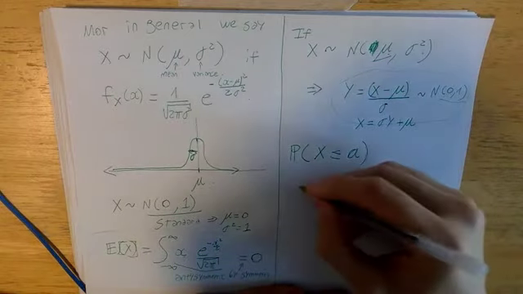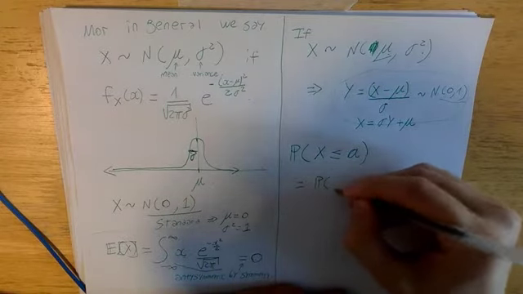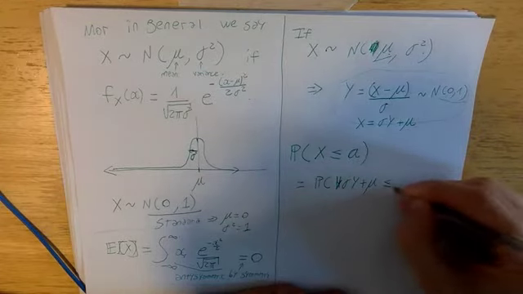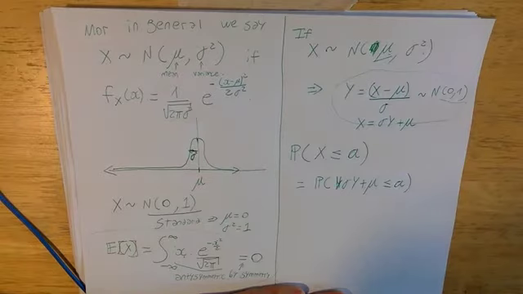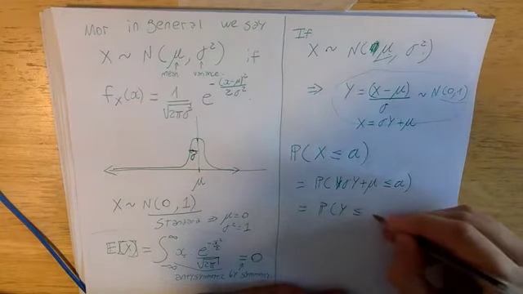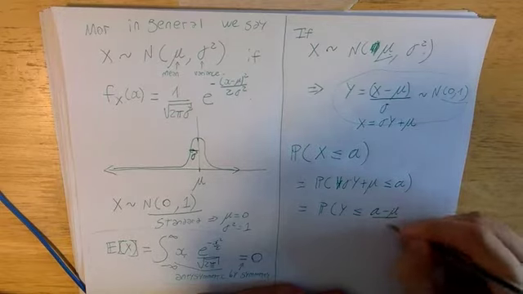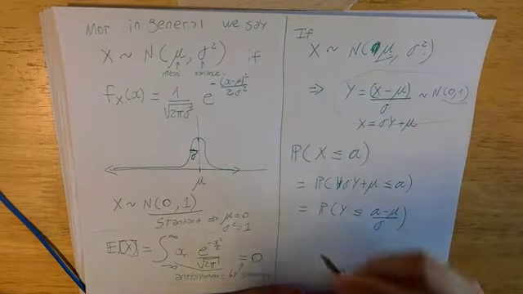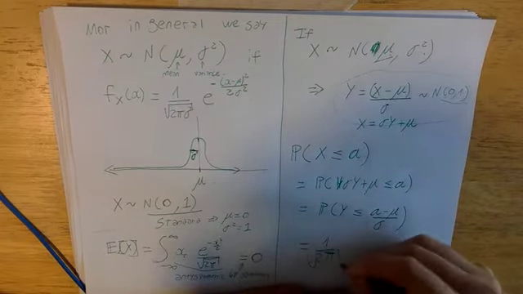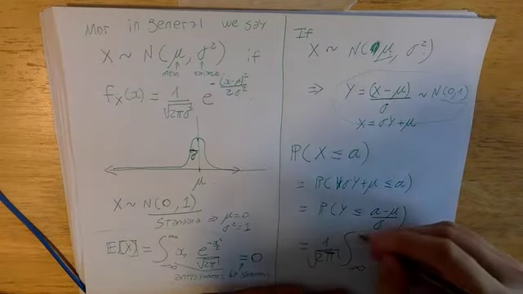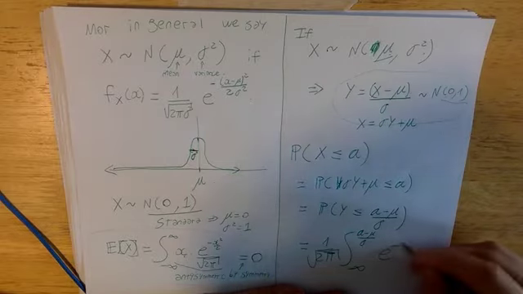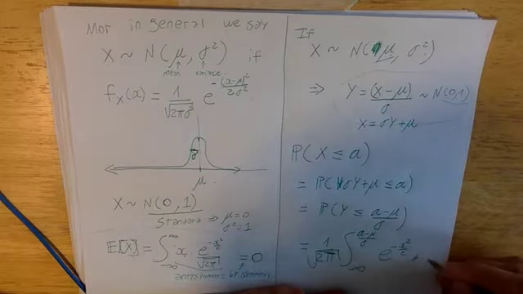So this is the same as the probability that sigma y plus mu is less or equal than a, and this is just the same as the probability that y is less or equal than a minus mu over sigma, which is just the integral of 1 over square root of 2 pi, from minus infinity to a minus mu over sigma, of e to the minus x squared over 2 dx.